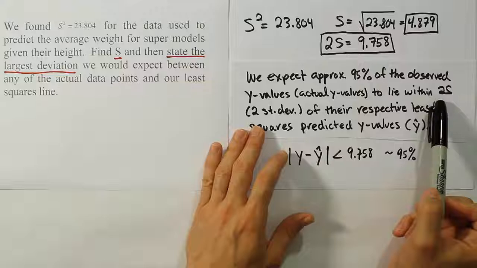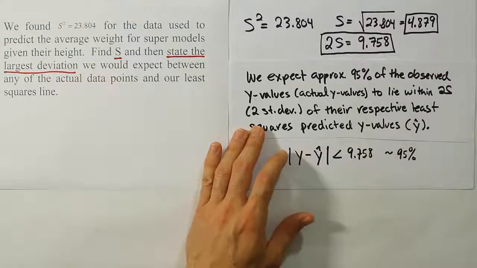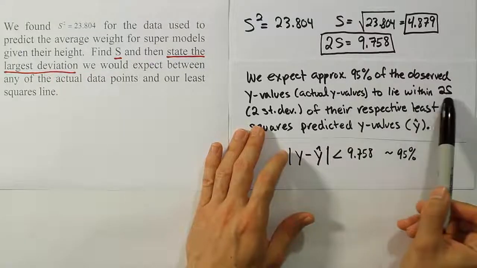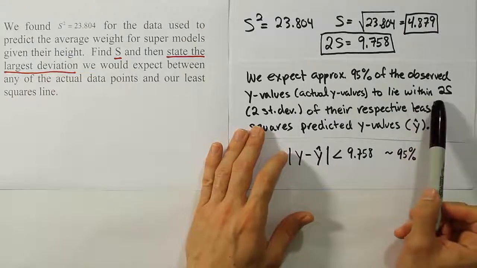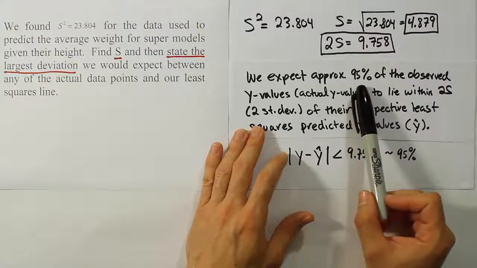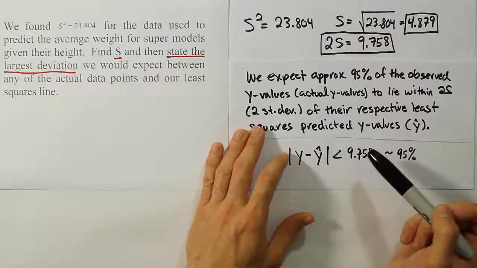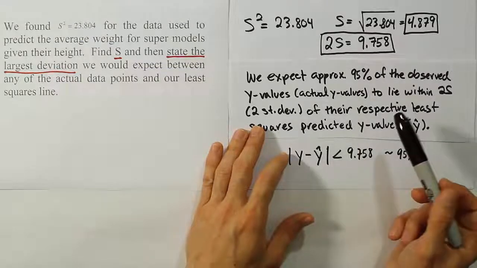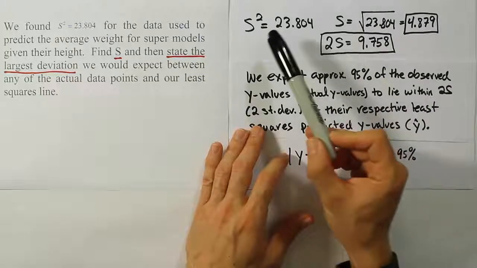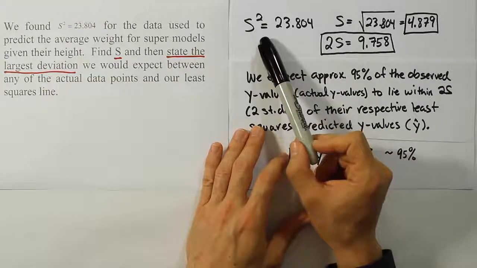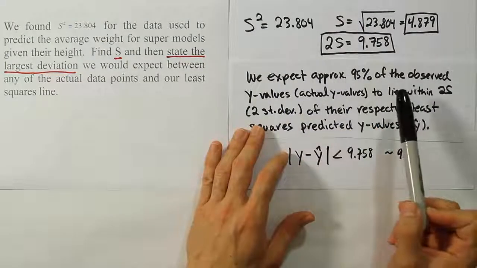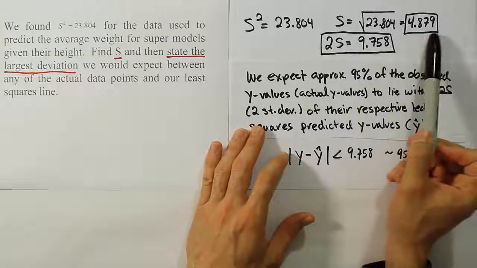So if we put 2 standard deviations surrounding the mean of 0, we'll capture 95% of the observations, because the error term is also assumed to be distributed as a bell-shaped distribution where its variance is approximated by this s squared value we just came up with, and its standard deviation is approximated by the s value we just came up with.